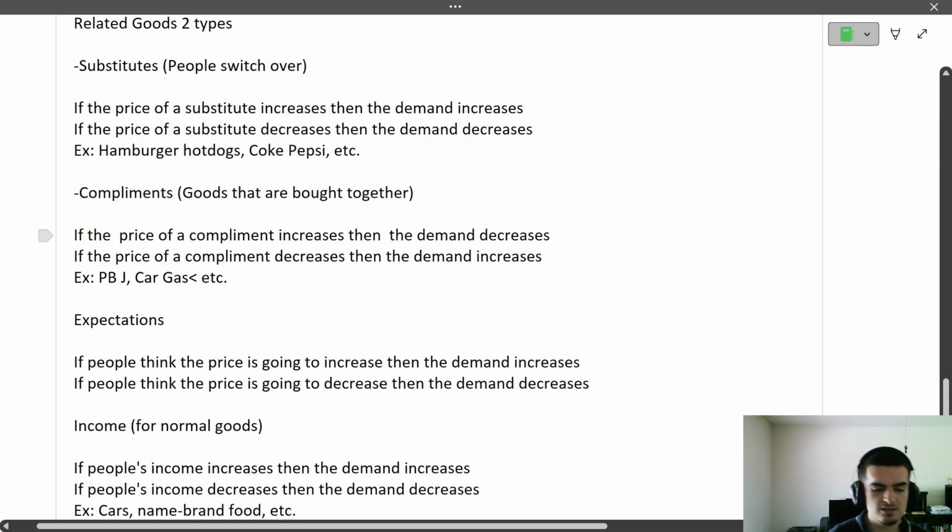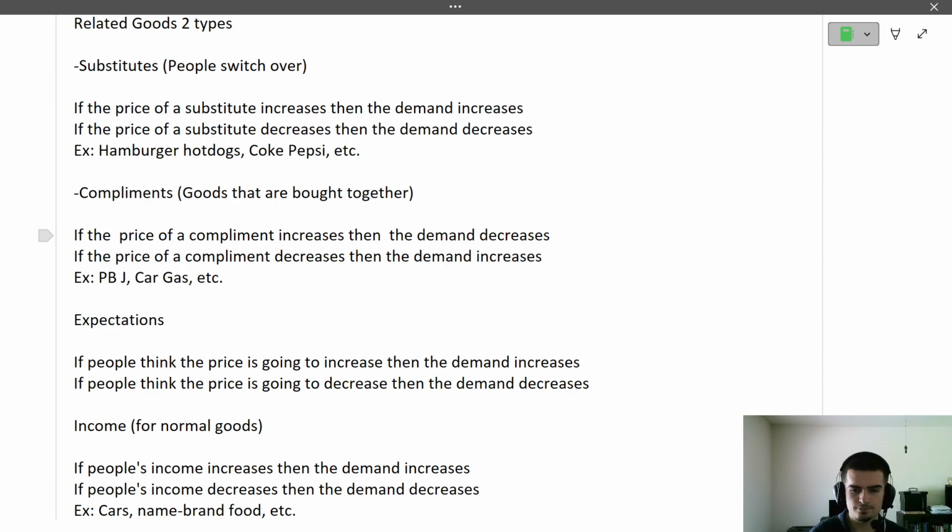Complements are goods that are usually bought together. If the price of a complement increases, then the demand for its paired good decreases. I'll use peanut butter and jelly.